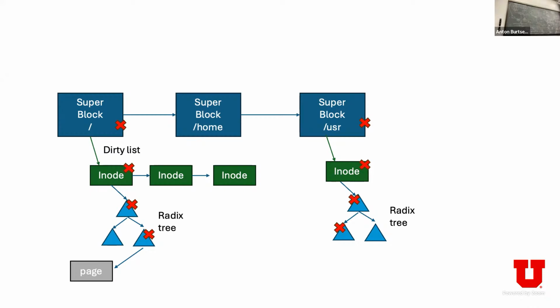So this is like a root, this is my home, this is my user. And you will mark that there will be an inode on a list of inodes, or dirty list here as well, that this one is dirty. And then you descend into the radix tree and you know what to flush, right? And so Linux does it essentially.